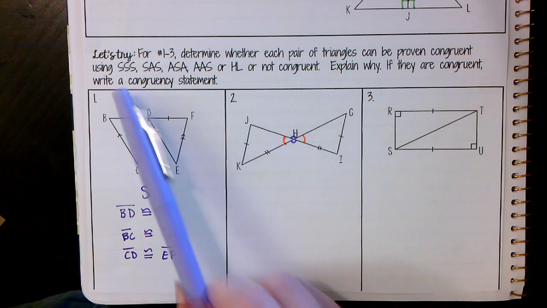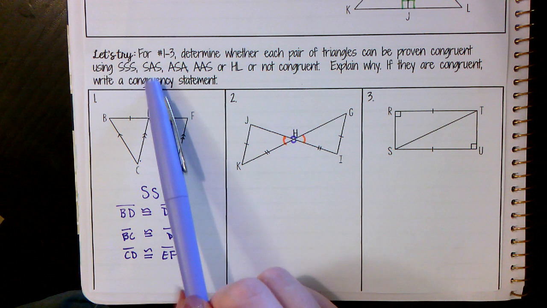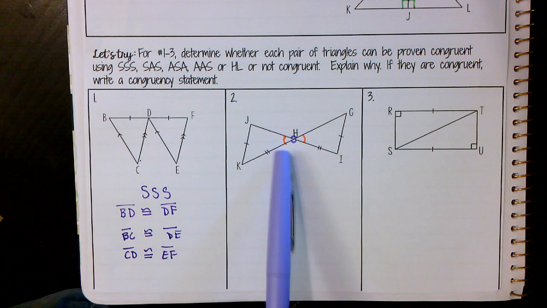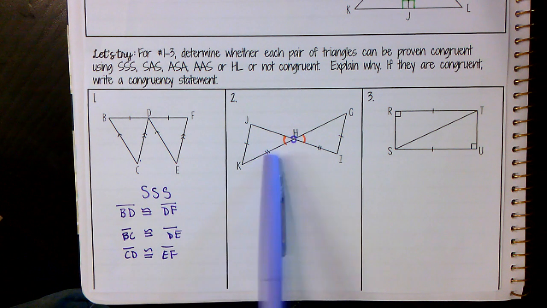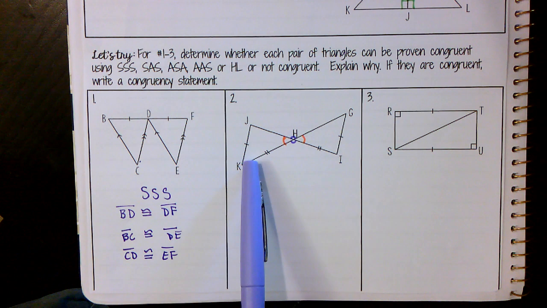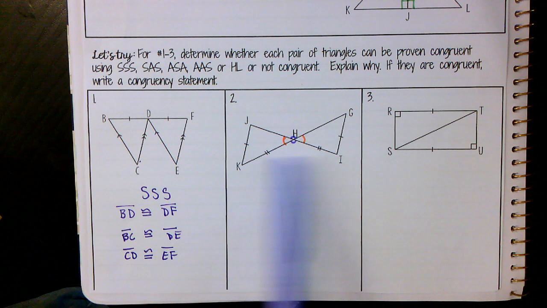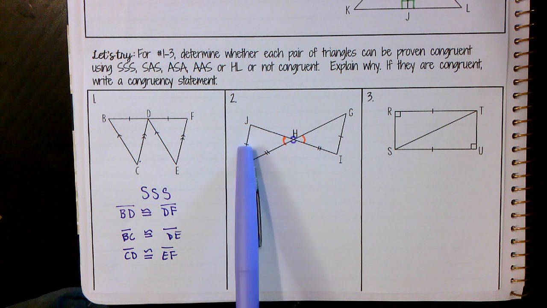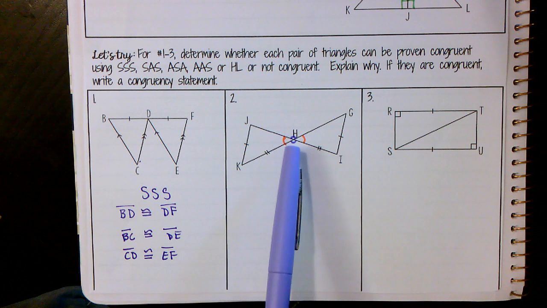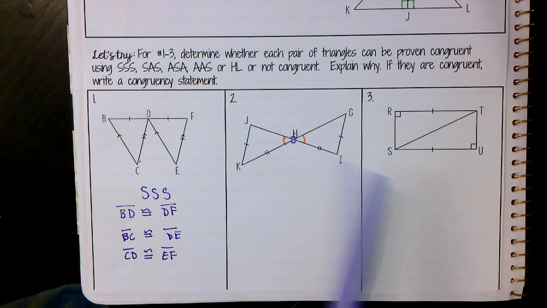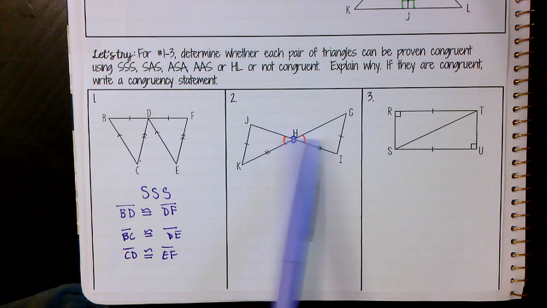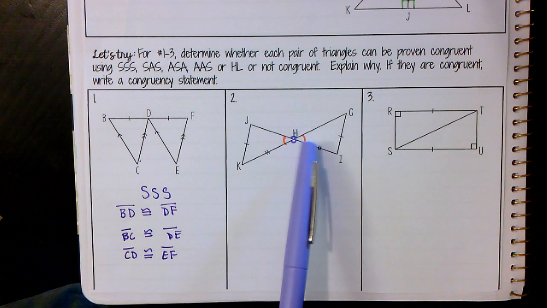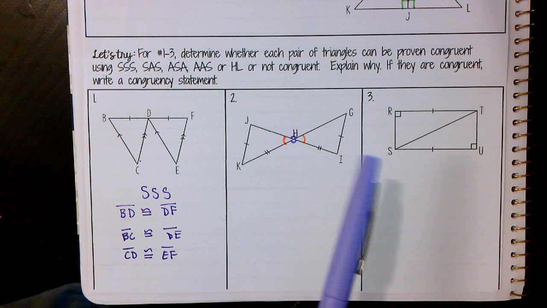So we said it's not side, side, side. It's not side, angle, side, because this angle is not nestled between the two sides. It's not angle, side, angle, because there's no matching angle besides these two that are opposite. And there is not two angles with an opposite side.